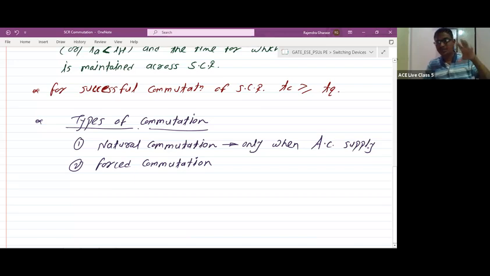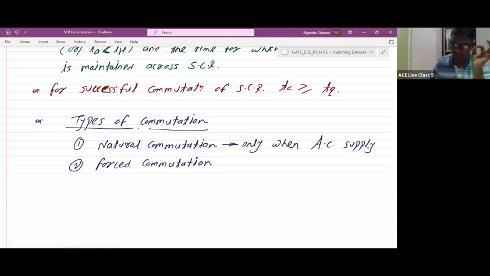So that's why natural commutation of the SCR is possible in rectifier circuitry. But in DC to DC converters and inverters, the input is DC, which means it is non-AC. So in those circuits we need to add external elements into the circuit in order to turn off the SCR.